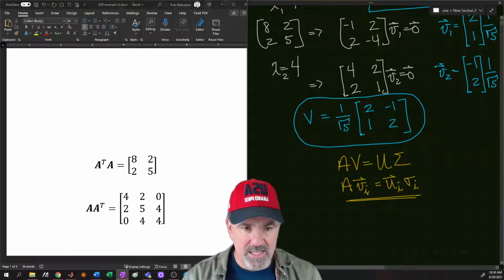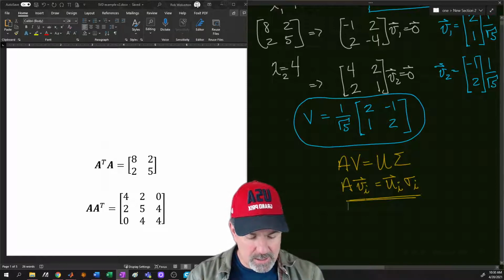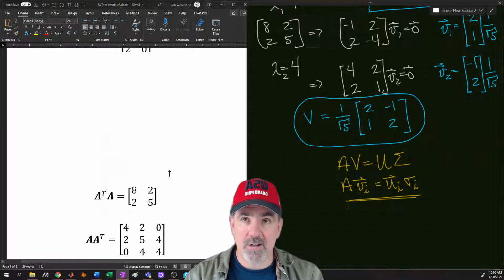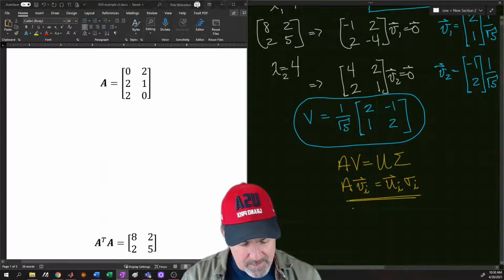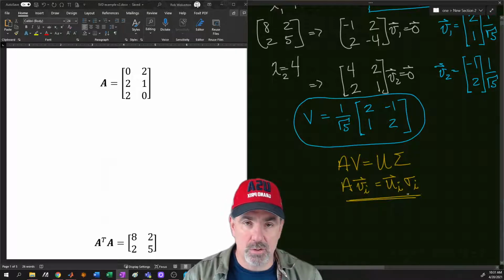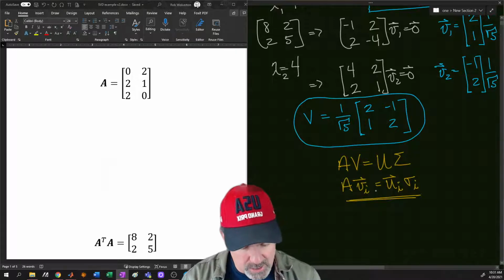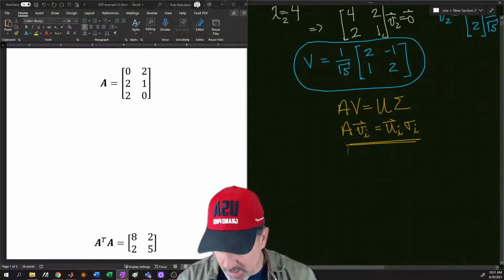So we have the V's now, and what we're going to do is multiply our A matrix. So let's remind ourselves of what the A matrix is. We're going to multiply this A matrix times the individual V's and set them equal to the singular value times the U's. So for example, let's do this first one together here.